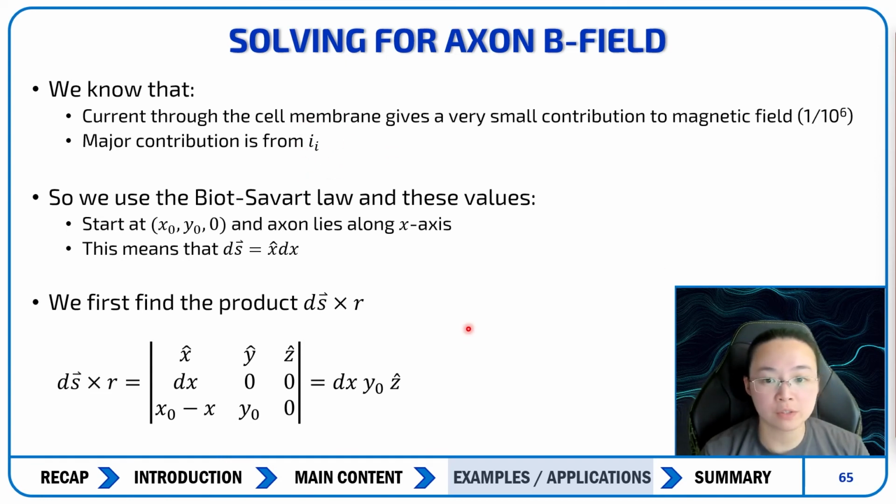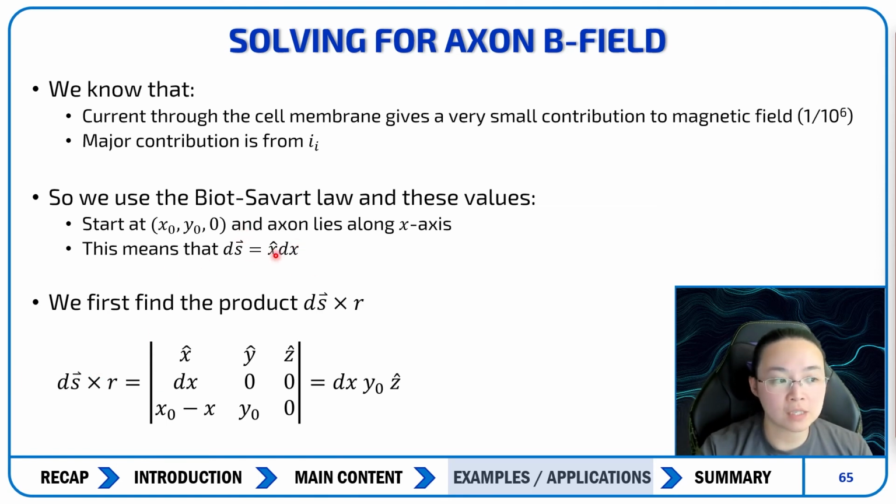So we use the Biot-Savart Law and these values. We start at a specific location, and we assume that the axon lies along the x-axis, and we can then perform several steps to get our cross product for the Biot-Savart Law.